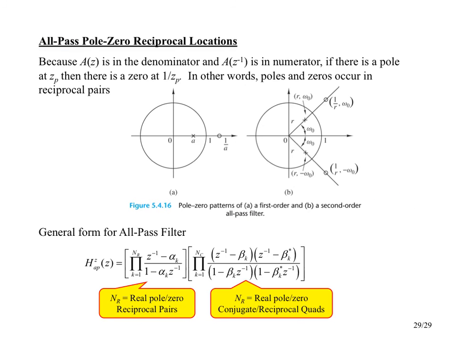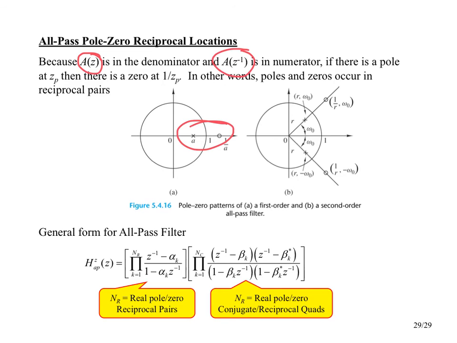The last slide here just looks at the pole zero locations. So for the all-pass pole zero reciprocal locations, for a first order one, because of the relationship of A of z and A of z inverse, these things will form reciprocals.